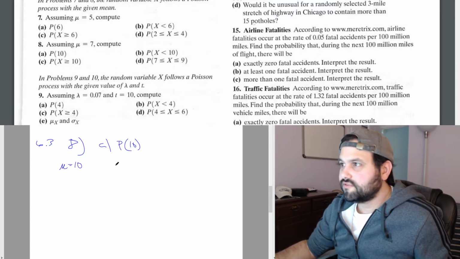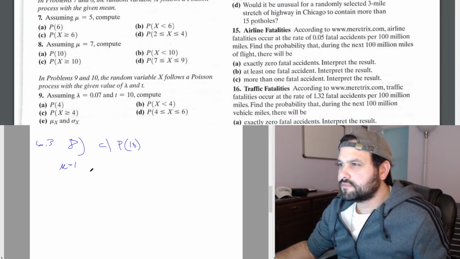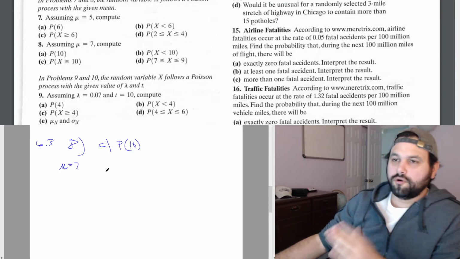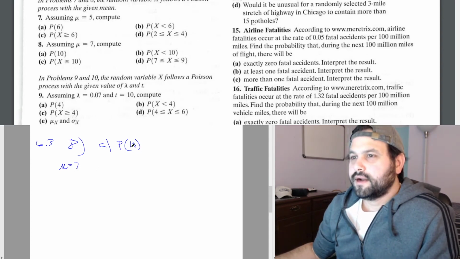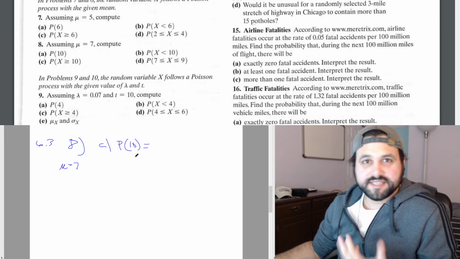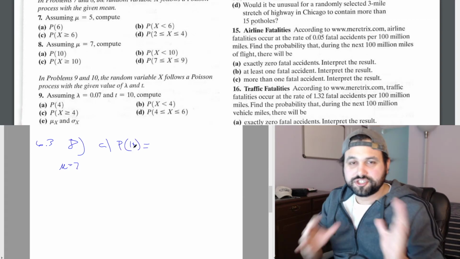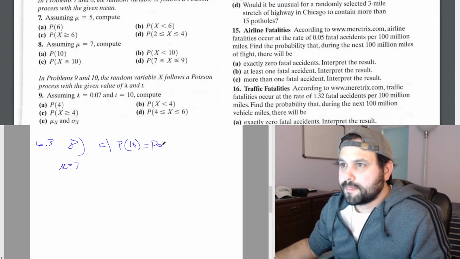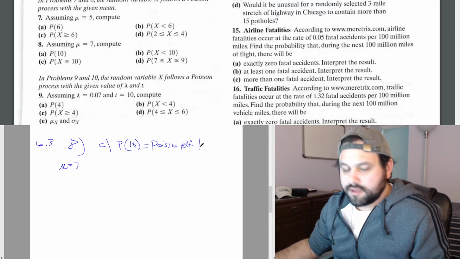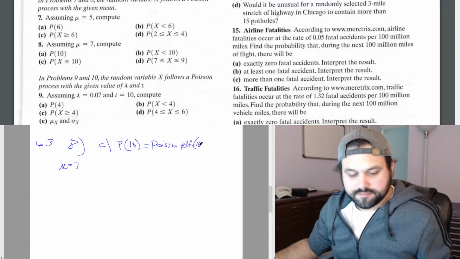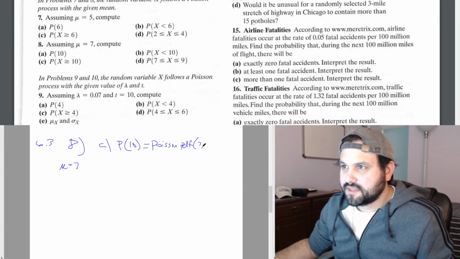If mu equals 7 for the whole problem, number 8, what's the probability of exactly 10? Because it's just one number, that's PDF. So we're going to do Poisson PDF, and our mu is 7, and our x is 10.